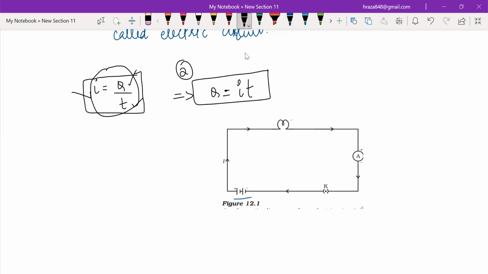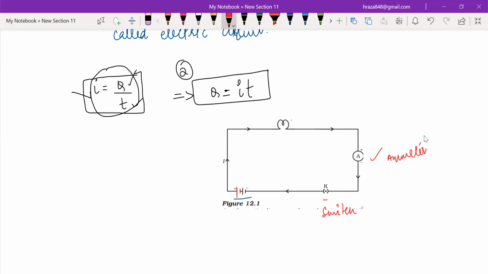Always remember that the positive terminal of the battery will be larger than the negative. The small one is the negative terminal and the larger one is the positive terminal. This is your switch. This is your ammeter that measures current.